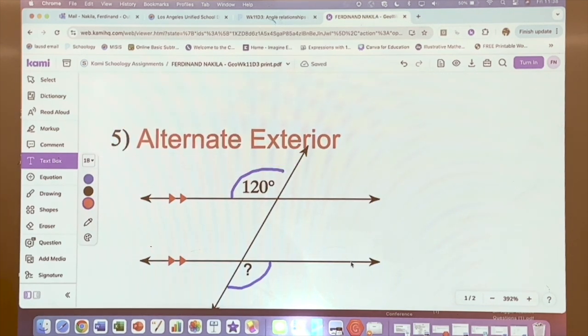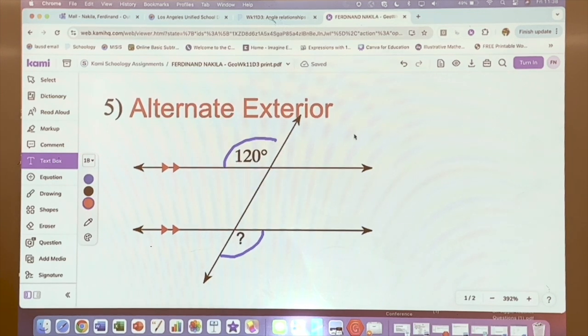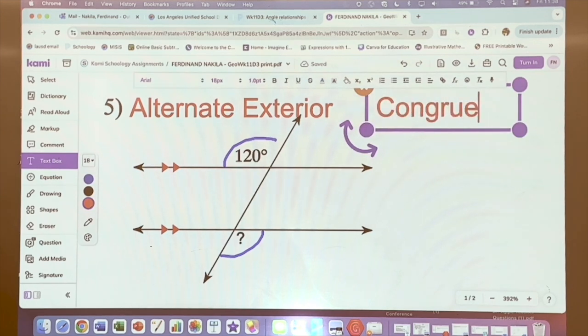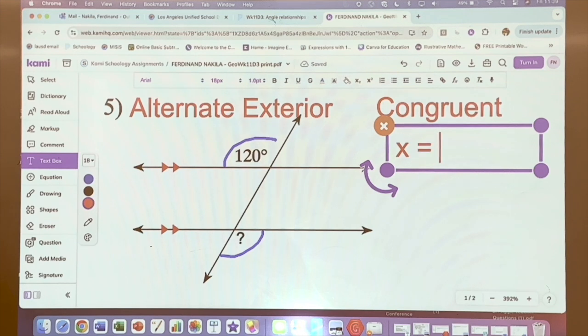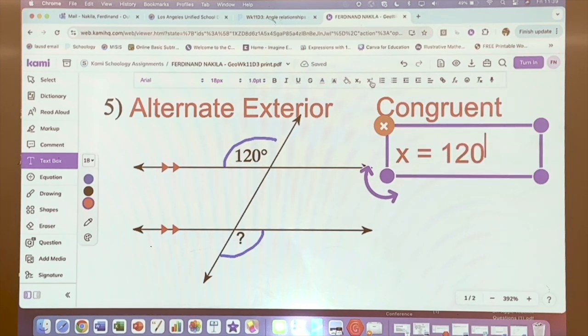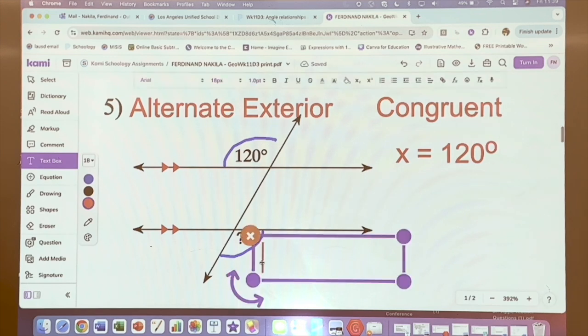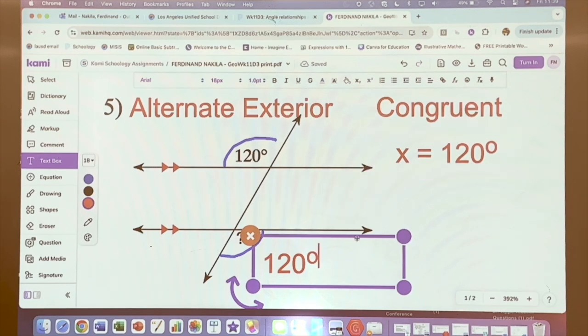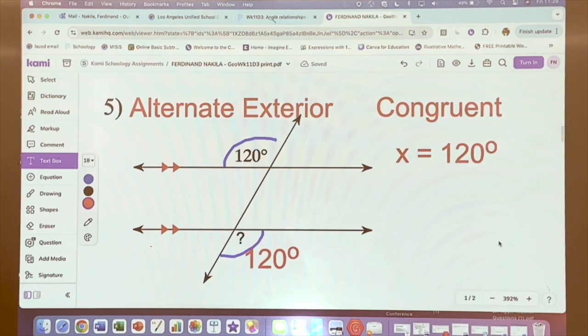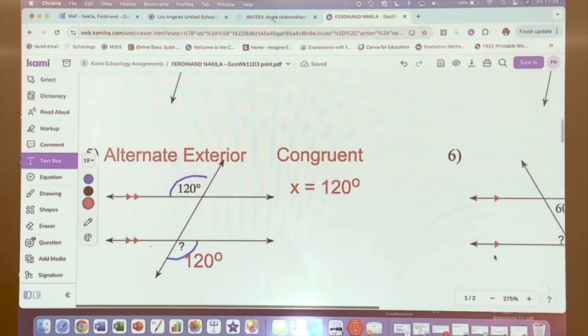And if they are alternate exterior, they must be what? The same, or congruent. Yep. And that's angle 1 equals angle 2. This is our angle 2, let's say. You can actually switch them. This could be your angle 1, which is your x. So x is equal to 120. There you go. So this question mark here is 120 degrees, basically the same. So that's the 5th one.